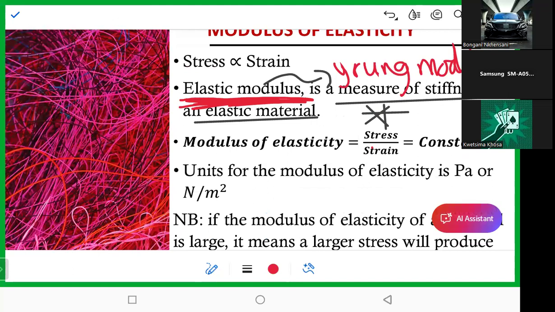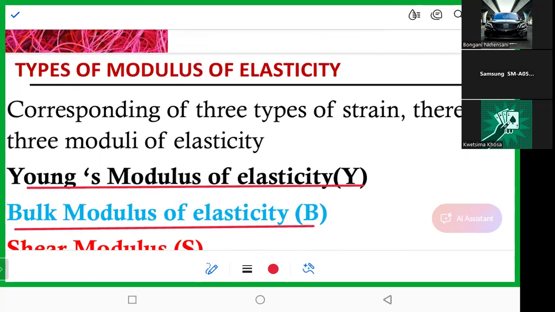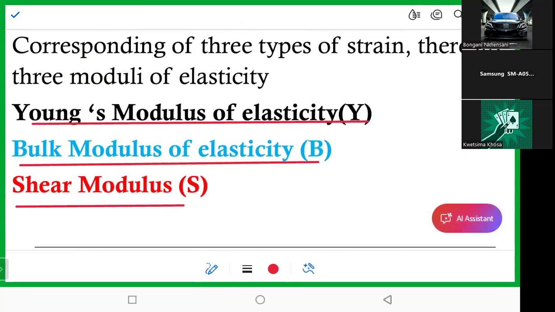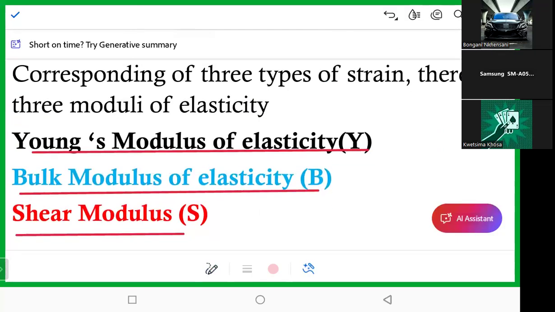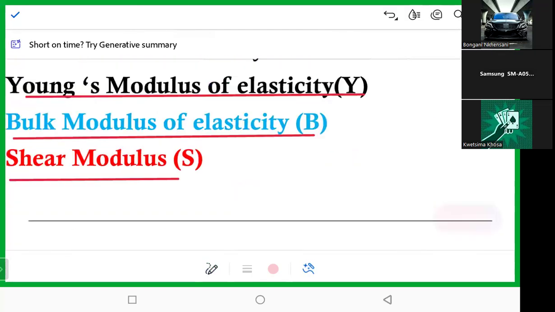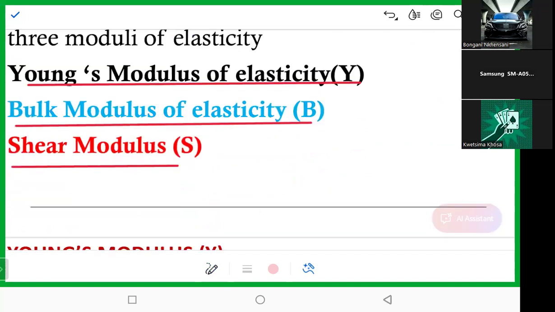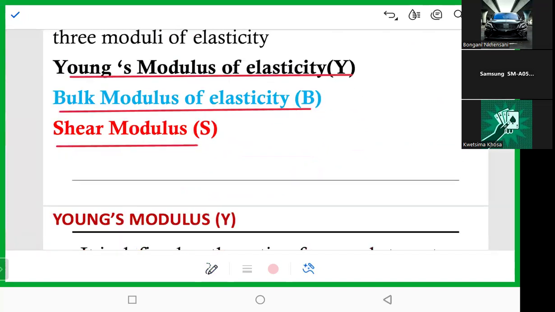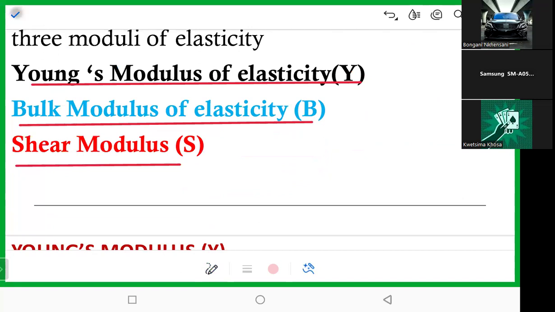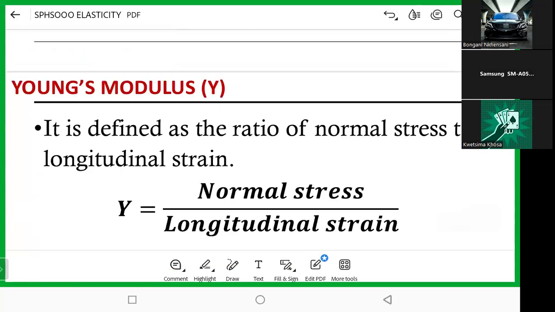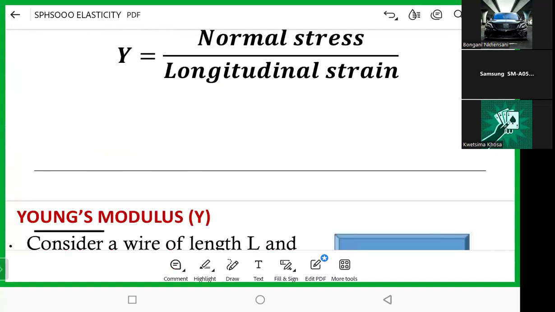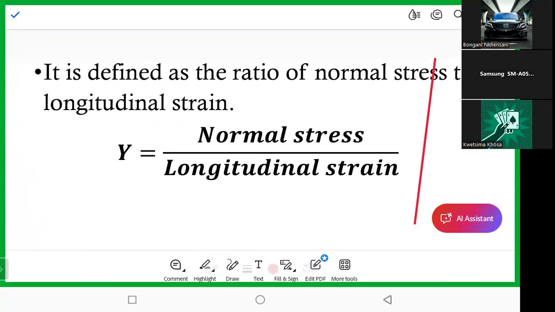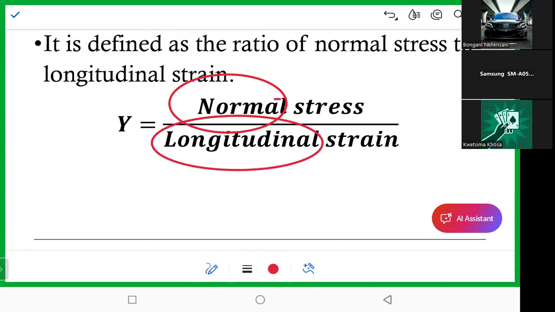We'll be checking the stiffness of all the elastic materials. That's why we've got these types of modulus of elasticity. But the formula for Young modulus is the same as that one. Here they added normal, here they added longitudinal. If you remove this, you will see it is the same as this concept, modulus of elasticity.